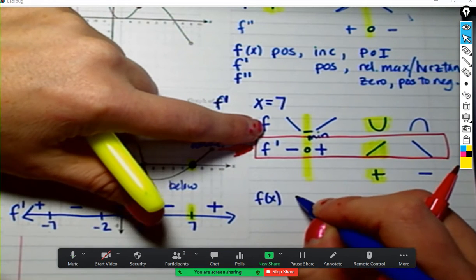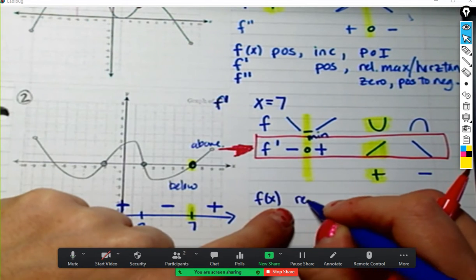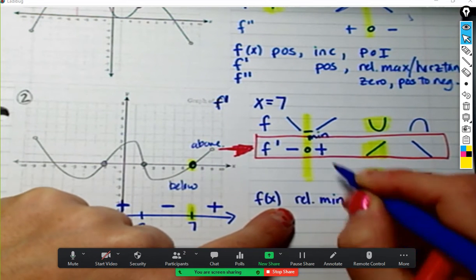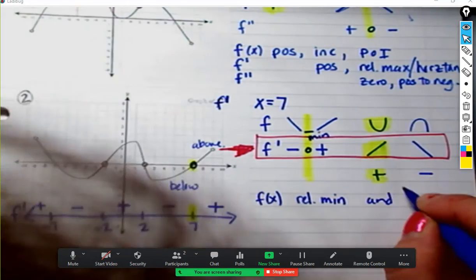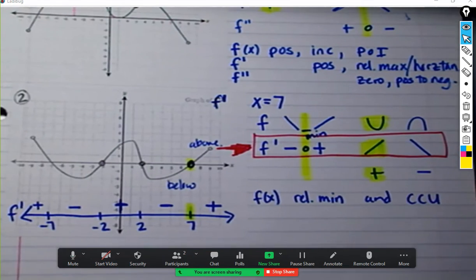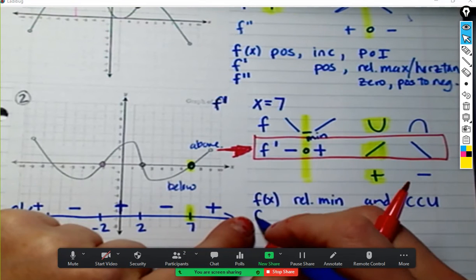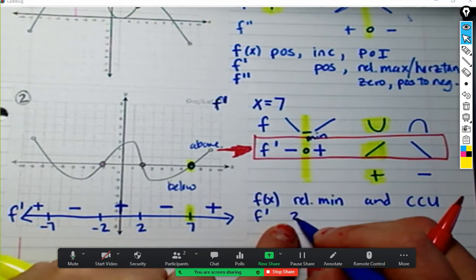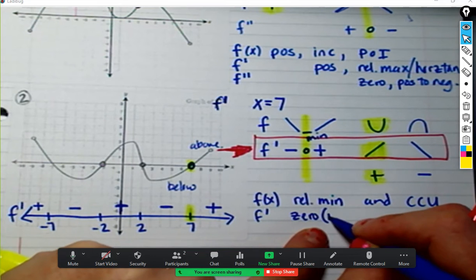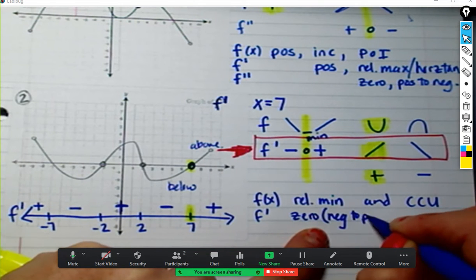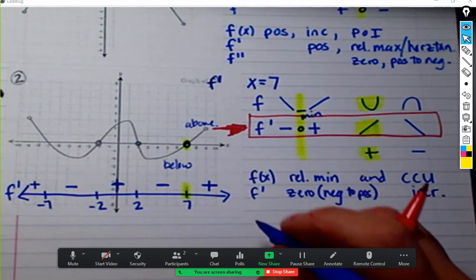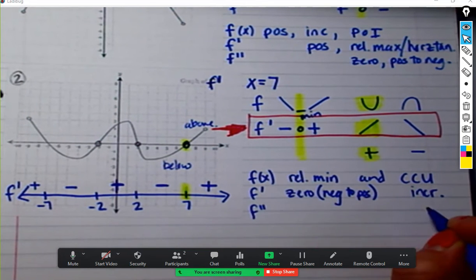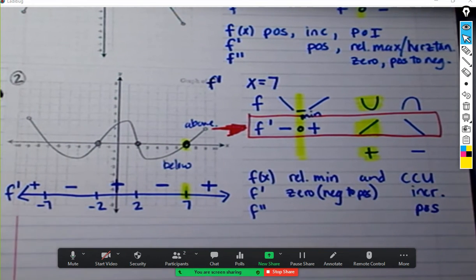F of x has a relative min, and concave up. F prime is 0, negative to positive, and increasing. Double prime is positive.